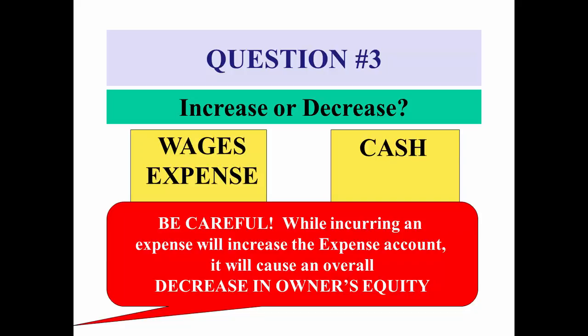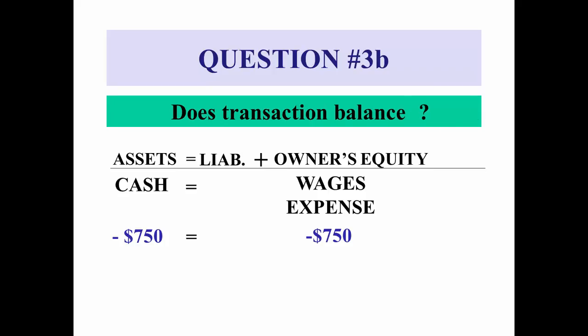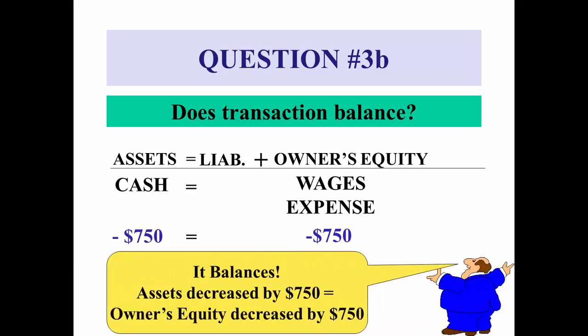You may want to memorize that chart. So I have to change the increase of wages expense to a decrease in owner's equity. And now I have a minus 750 on the left side of the equation and a minus 750 on the right side of the equation. And it balances.